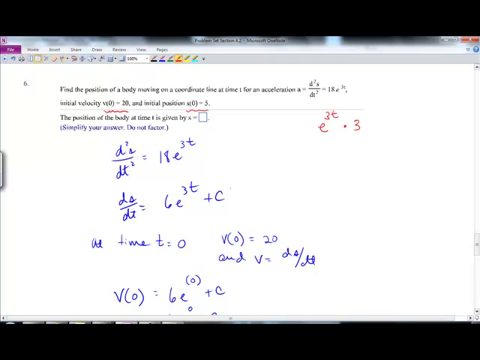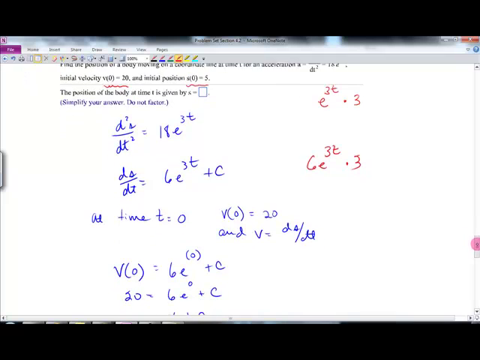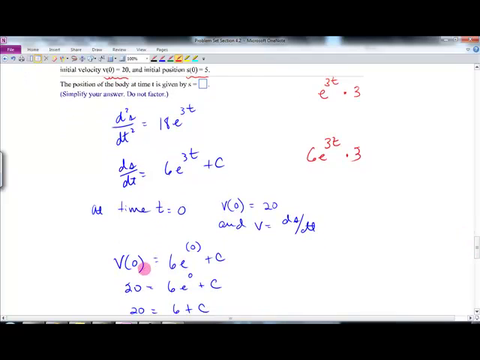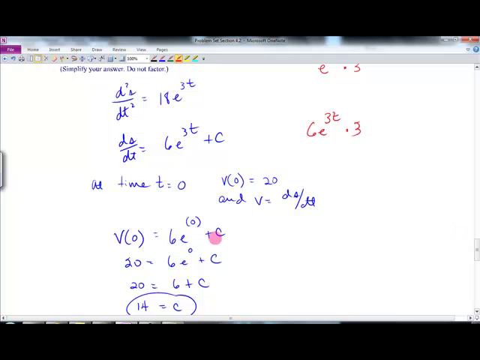And let's check ourselves. What's the derivative of this? It is 6e to the 3t times 3, which would give me this. Okay? All right, at time t equals 0, v of 0 equals 20. So if I plug in v of 0, I let time be 0 in my velocity equation, I've got 6e to the 0 plus c.